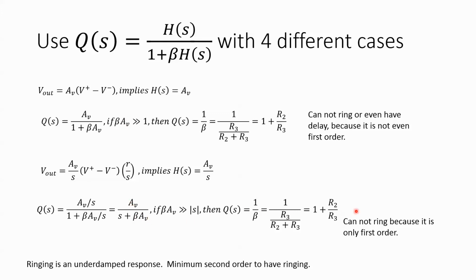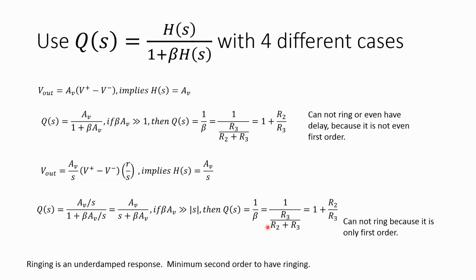AV cancels, we get our non-inverting gain. This can't ring even though it does have S in this term because it's just first order. And ringing is an underdamped response, and you need a minimum of a second order circuit to have ringing.